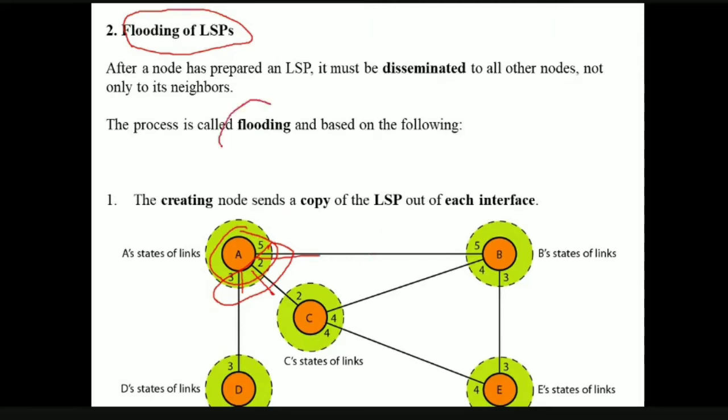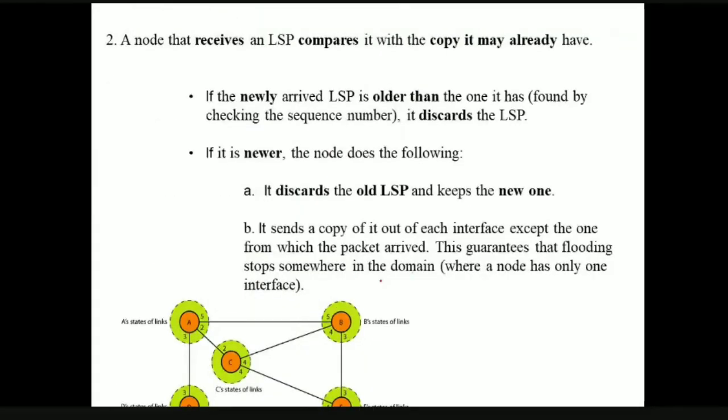This process is what you are going to call flooding. So after creating the LSP, what will every node do? The node sends a copy of the LSP out of each interface. So after creating an LSP packet, B sends the packet out of each interface.